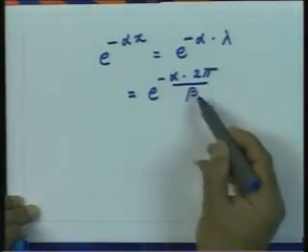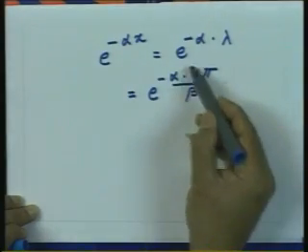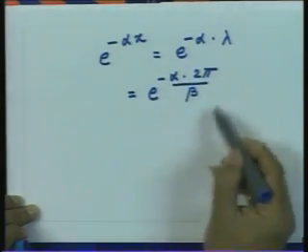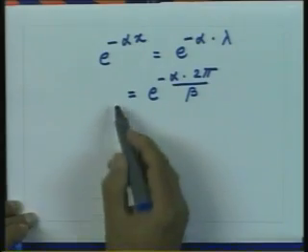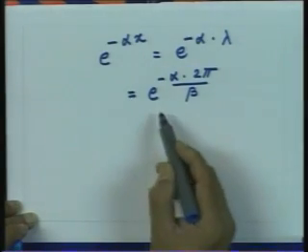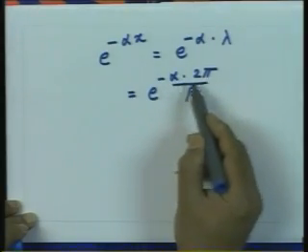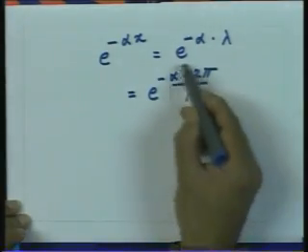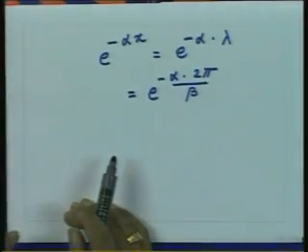Since for low loss condition alpha is much smaller than beta, this quantity alpha into 2 pi divided by beta is much less than 1. That means the amplitude of the wave now reduces to e to the power minus 2 pi multiplied by alpha upon beta, and since this quantity is very small, essentially the amplitude reduction in the wave is negligibly small.